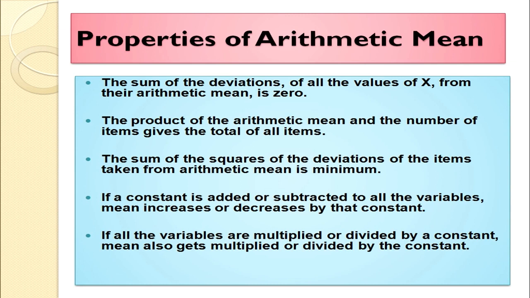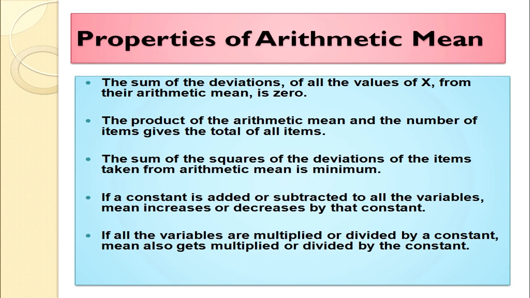Next, the sum of the squares of the deviations of the items taken from the arithmetic mean is minimum. Definitely, because if we take x minus x bar, the sum will be 0, and if we square them, then it will be minimum. Next, if a constant is added or subtracted to all the variables, the mean also increases or decreases by that constant.